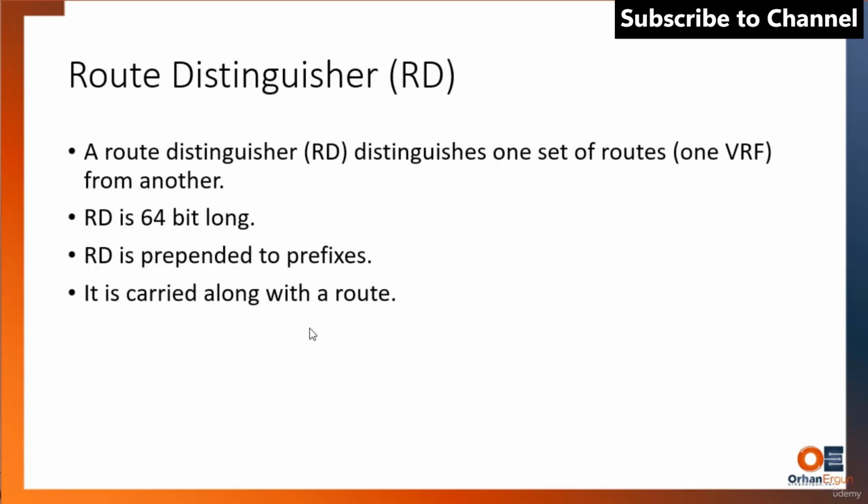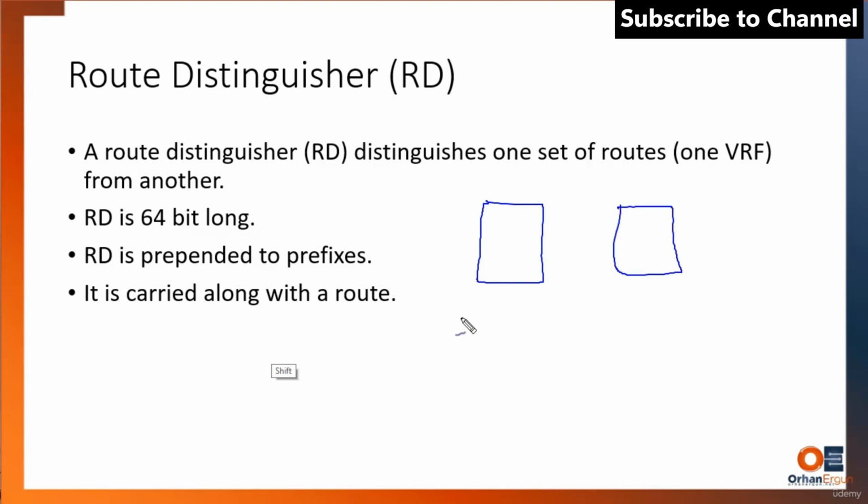So we have some key features like the route distinguisher, which is very important to understand. What is a route distinguisher? Like I said, we can have multiple routing tables inside the router. So this is the first one, this is the second one.